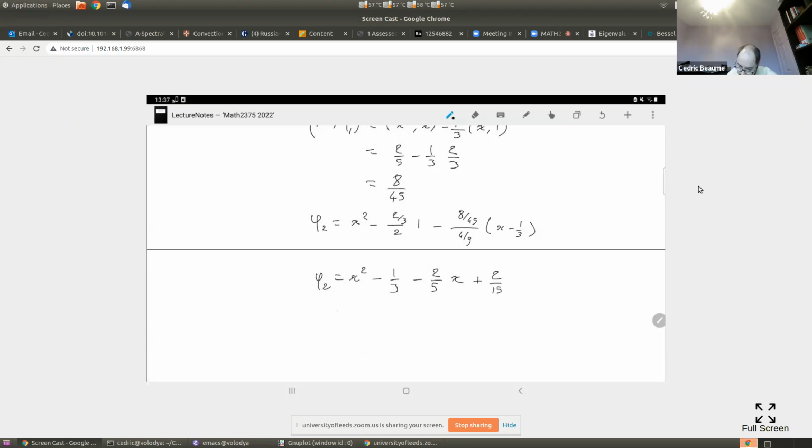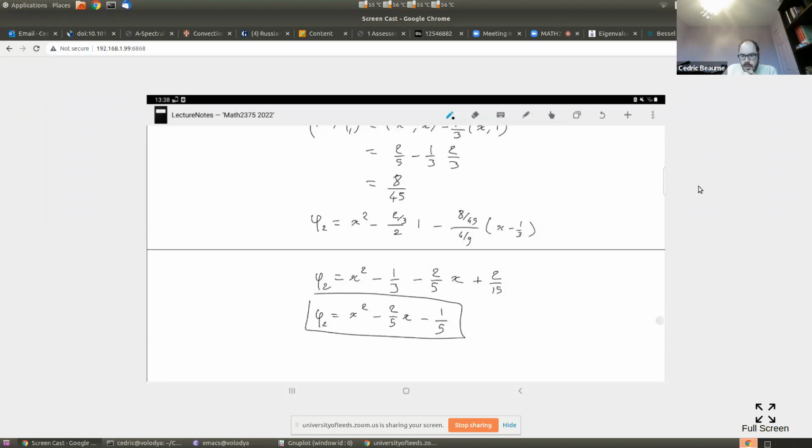And so I can simplify this and get that it's x squared minus 2/5 of x plus 1/5. Okay, and that's phi2.